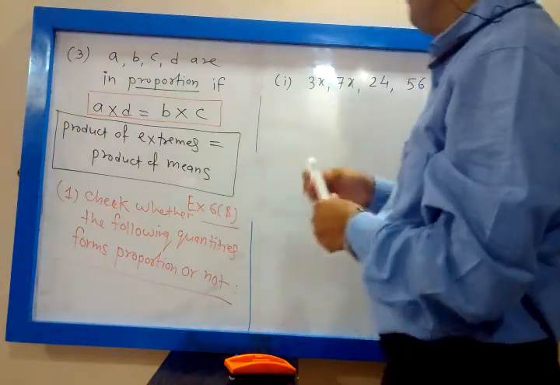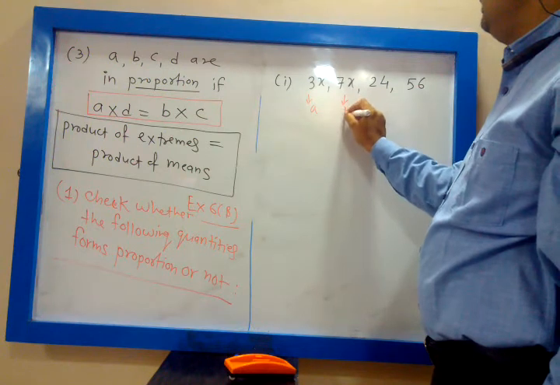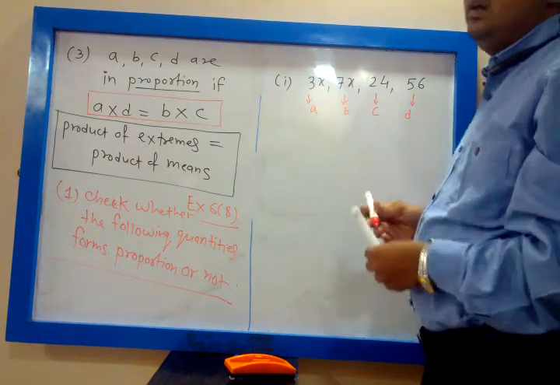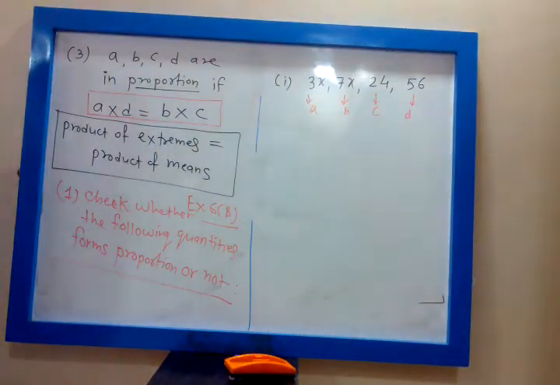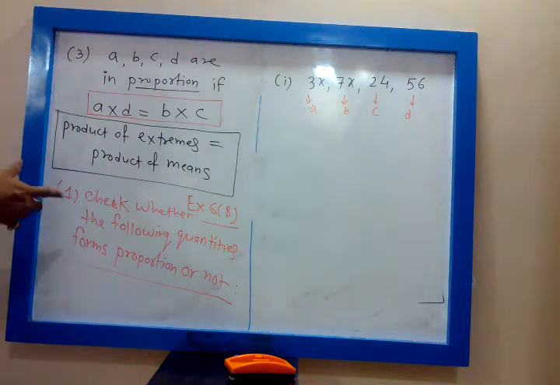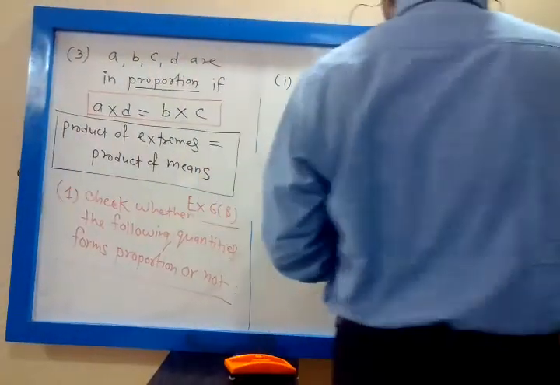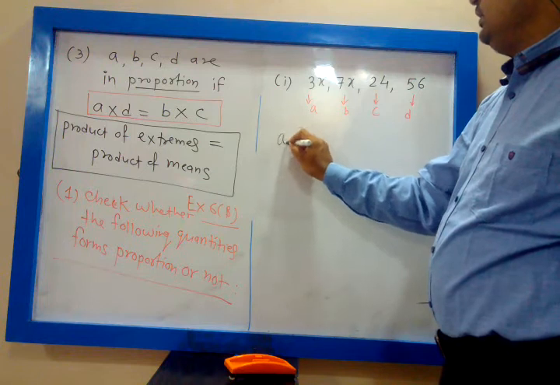Check whether they are in proportion. This is my A, this is my B, this is my C, and this is my D. Now how will you check whether they are in proportion? Board is clear, my dear? Yes.